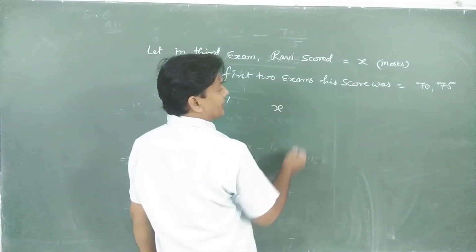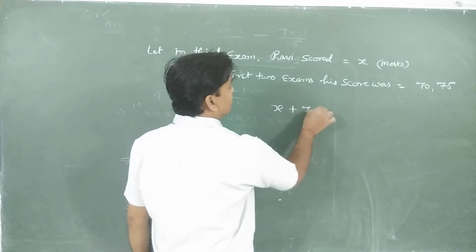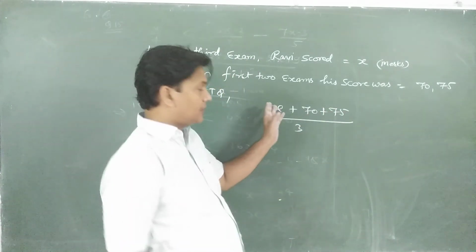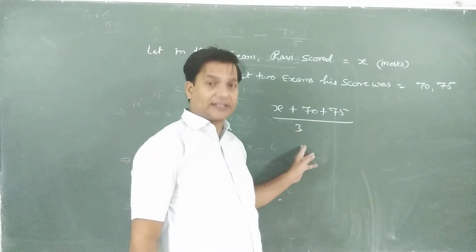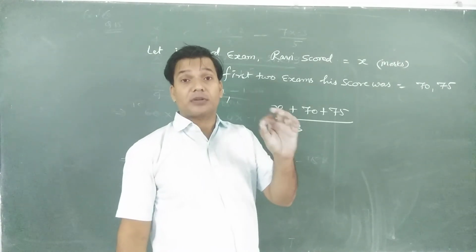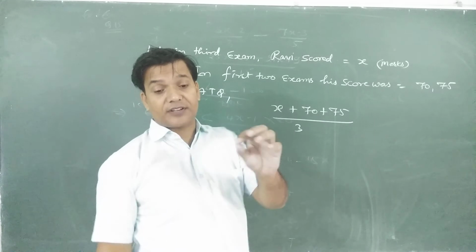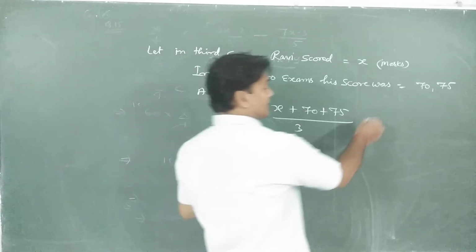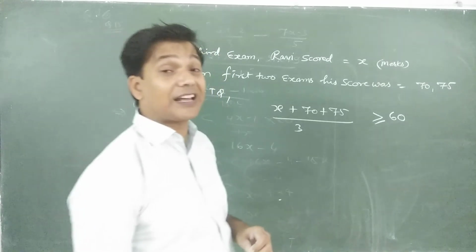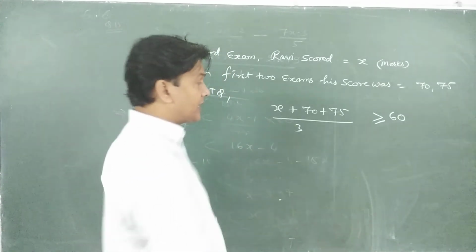Find out the average score of these three exams by using this method: sum of the numbers divided by the number of exams, and it should be minimum 60%, which means minimum 60, it can be more than that. So greater than or equal to 60 we are using here.